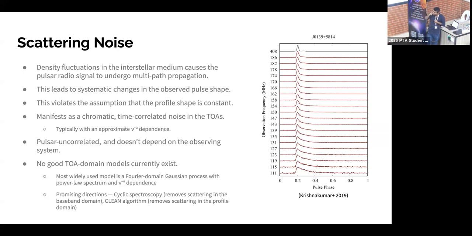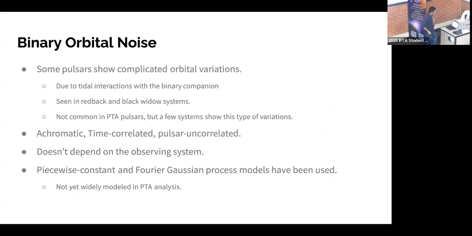In any case, the takeaway is that it is probably not a good idea to deal with this in the TOA domain, but much better to get rid of it before we calculate the TOAs.